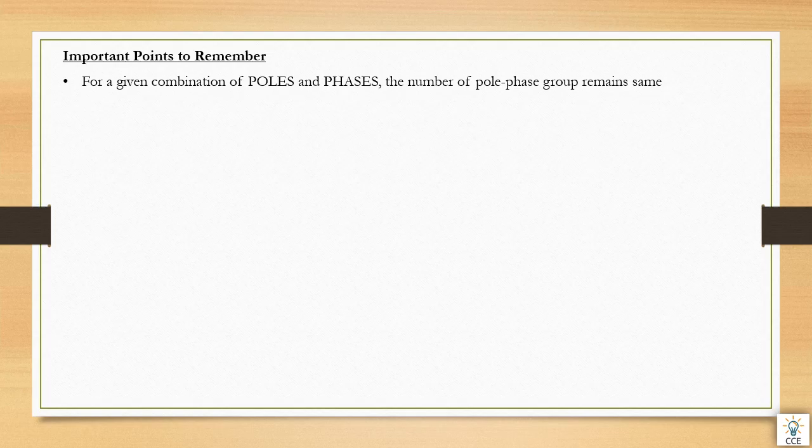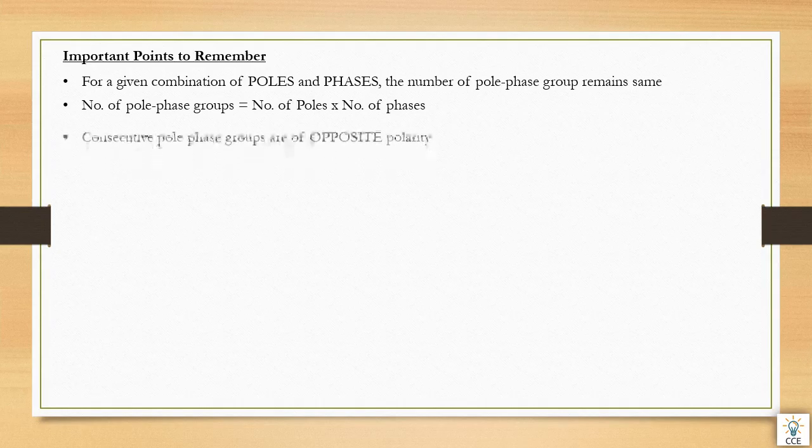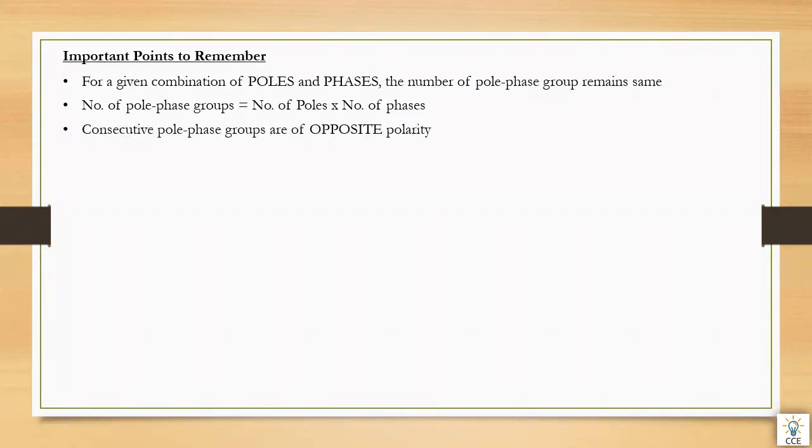The first thing is, for a given combination of poles and phases, the number of pole phase groups remains the same. The number of pole phase groups is given by the number of poles multiplied by the number of phases. Consecutive pole phase groups are of opposite polarity. That is how we are getting the direction of current to be opposite in consecutive pole phase groups.